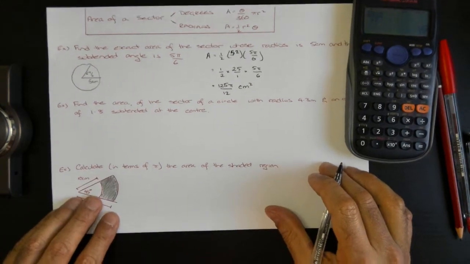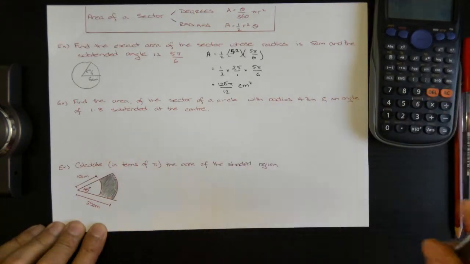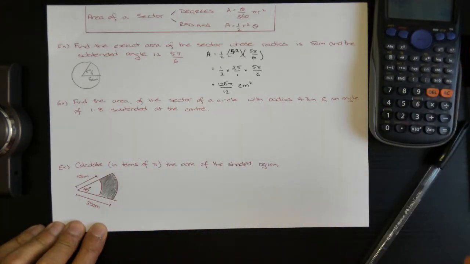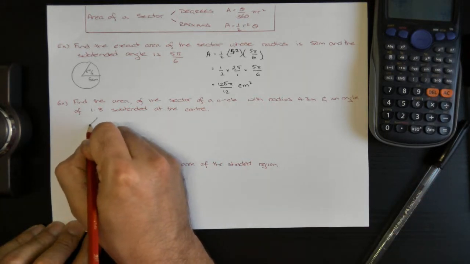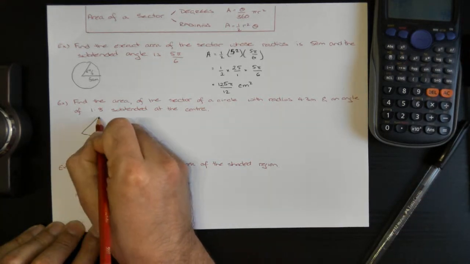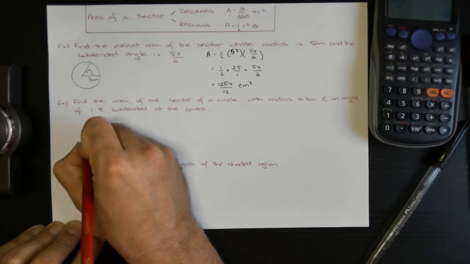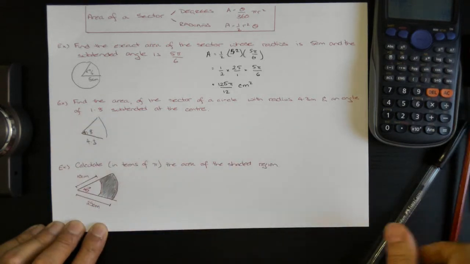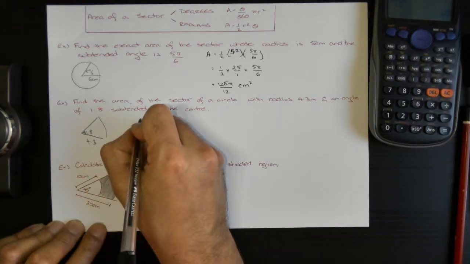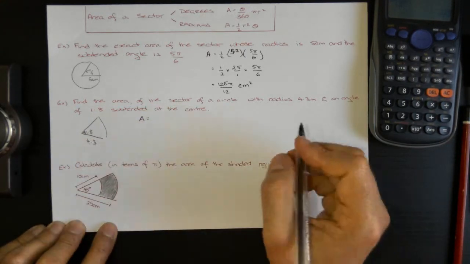Okay. We want to find the area of the sector of a circle with a radius of 4.3 and an angle of 1.8, and that's 1.8 radians.